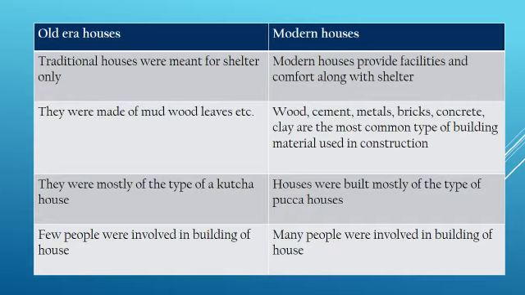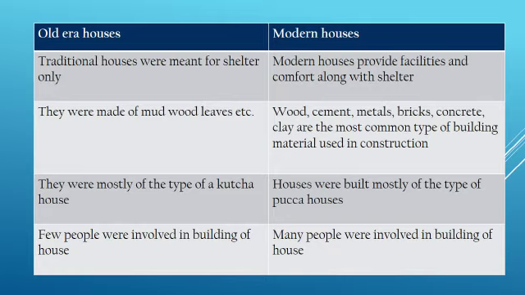Old era houses were mostly of the kacha type. They were not very strong. However, modern houses are mostly built as pakka houses. They are comparatively much stronger than those houses.